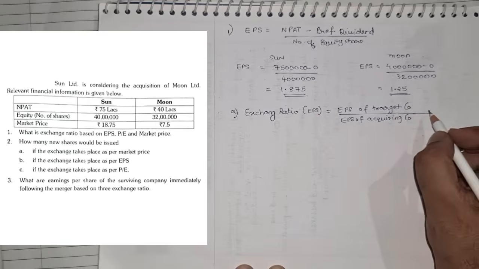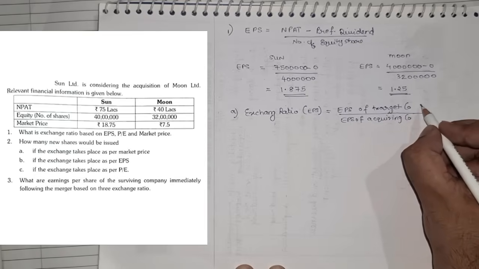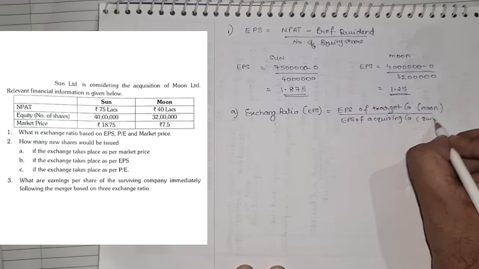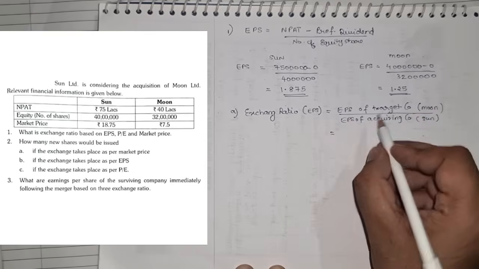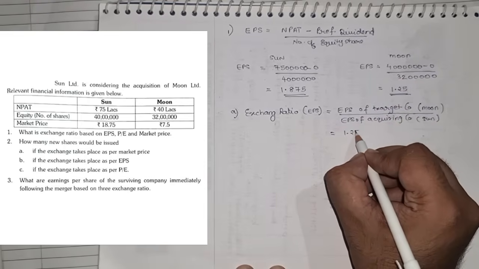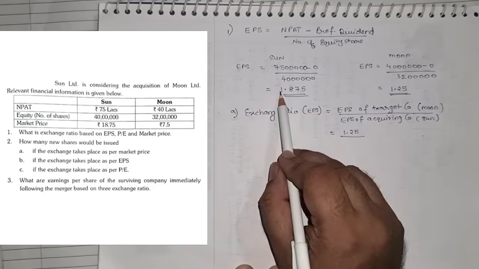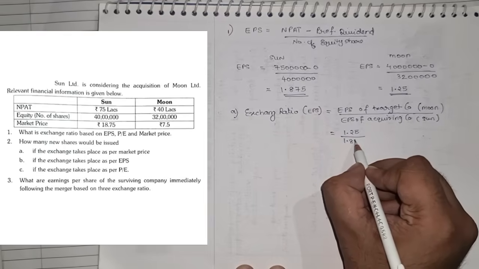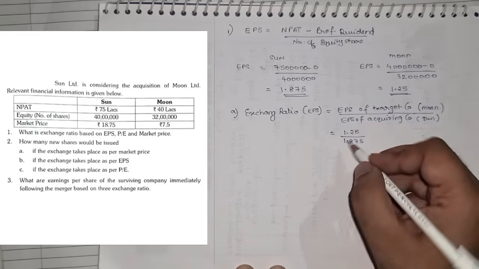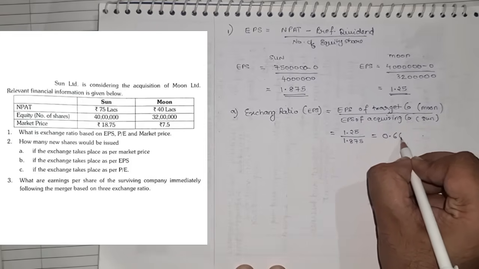In the question, Sun is considering acquiring Moon, so Moon is the target company, and Sun will become the acquiring company. So EPS of the target, that is Moon, we already found as 1.25, upon the EPS of the acquiring company, that is 1.875. So 1.25 divided by 1.875, we should get the value as 0.66.